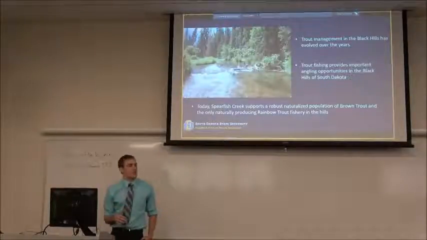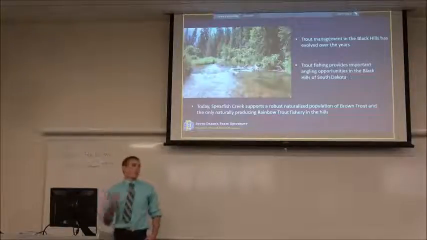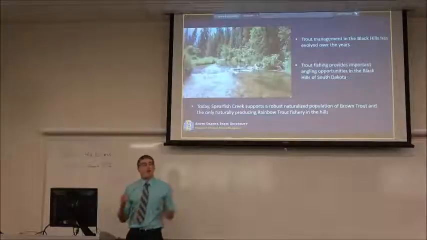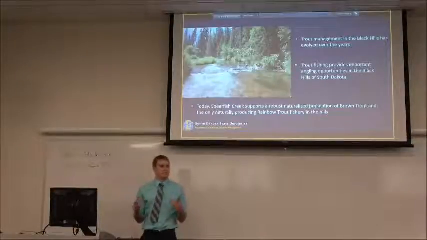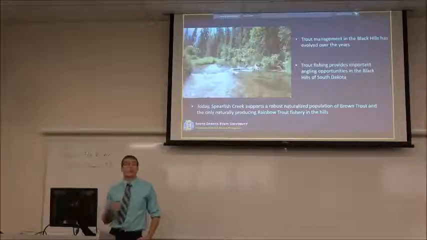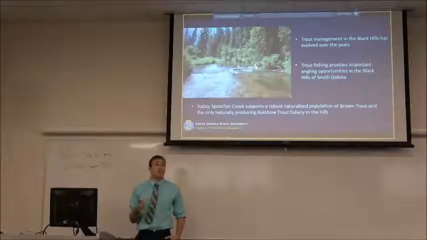So trout management has evolved over the years in the Black Hills. In the early 1900s to about 1960, trout were managed as a put-and-take fishery, with heavy stocking operations, and since then it's morphed into more wild trout management. And now today, Spearfish Creek is exclusively managed as a wild trout fishery.